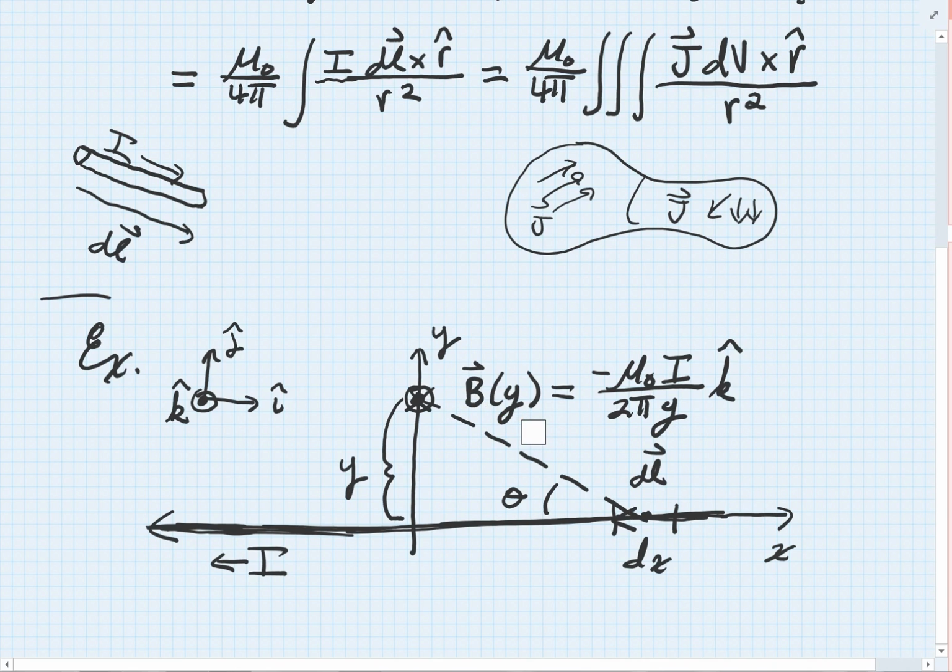It was very satisfying that the same result that we've been quoting to you over and over again, we were able to recover directly from our Biot-Savart law, so we're no longer dependent on just being told the field for this particular situation.